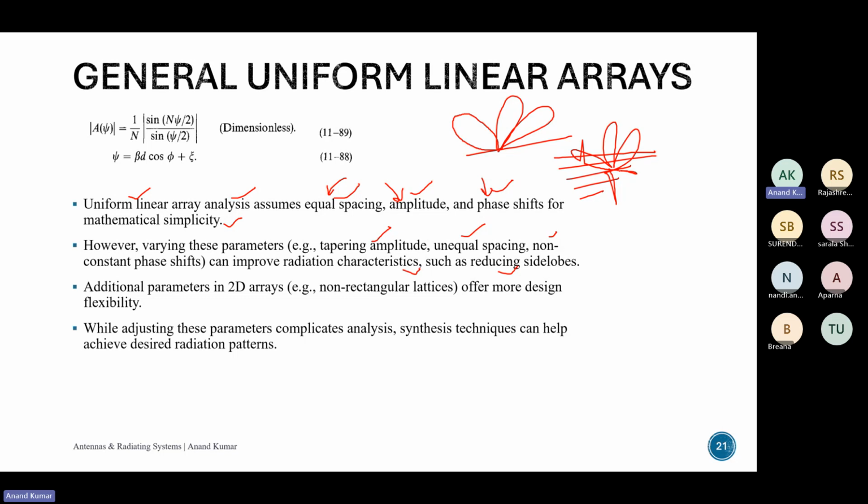Similarly, we will have more flexibility as we introduce more parameters. But as soon as we start deviating from symmetry, which is equal spacing, same amplitude, or equal phase shift, doing the mathematics becomes difficult. So there are different synthesis techniques available in the literature.